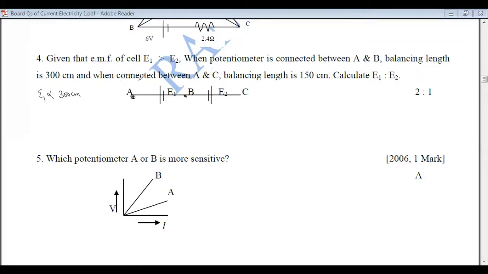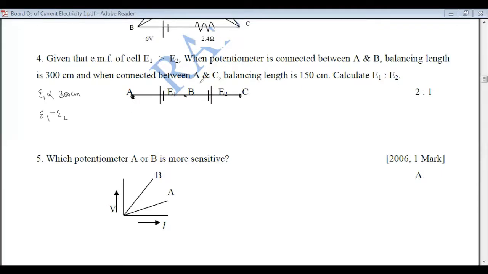Further, it is given that when the potentiometer is connected between A and C, the balancing length is 150 centimeters. Then the net EMF is equal to E1 minus E2, as they are connected in this manner, that is the negative terminal of the first battery is connected to the negative of the second.